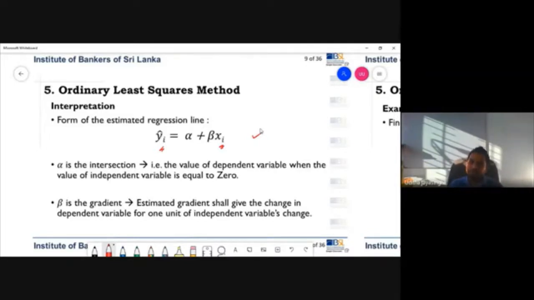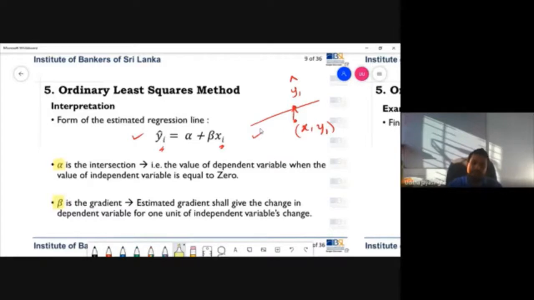I mean this line is not the actual xi and yi values, but rather we are going to move this to this y hat value. We are going to forget the fact that it is scattered, and we are going to represent these individual points with this equation that we found. The definitions of alpha and beta are the same as for a normal line.